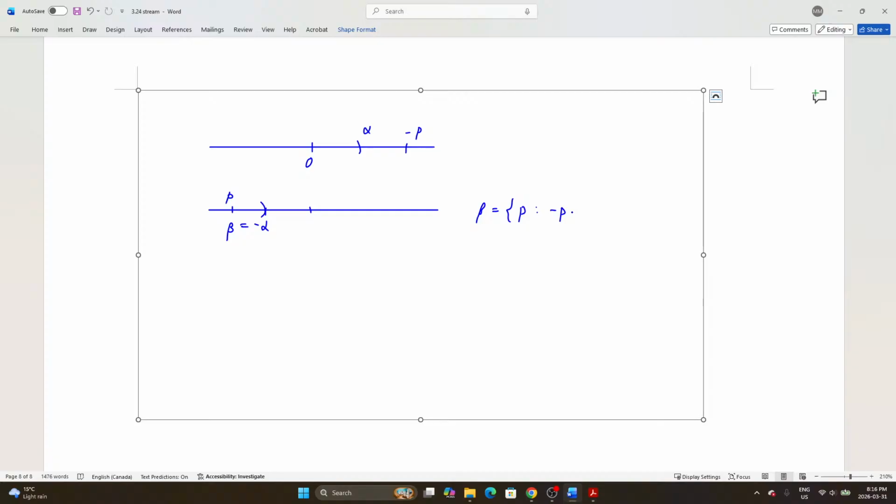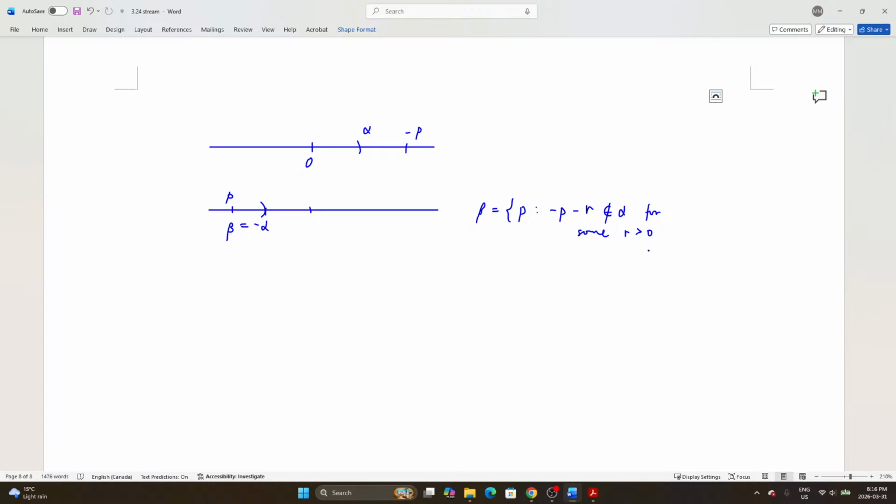So we can write minus P minus R is not in alpha for some R that is positive.